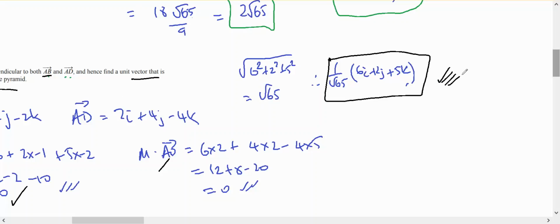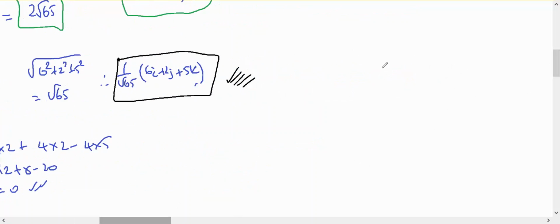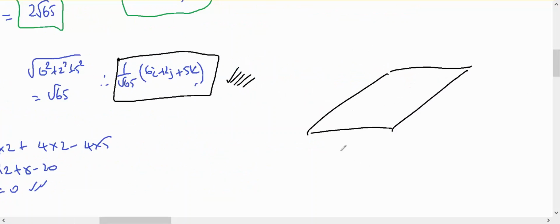So this has a magnitude of √65, and it's going to be in the direction of that which is perpendicular. So that's my √65. So I know if I look at my pyramid, this point is M, which is the vertex. I'm interested in knowing what that height is there. And that height is this, but this is 1 unit along the way.